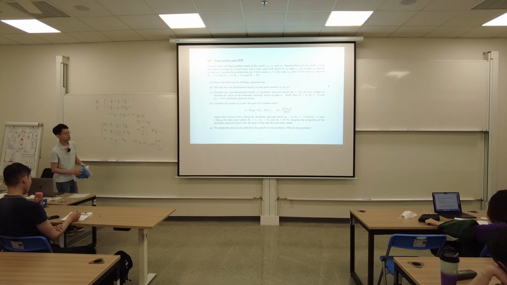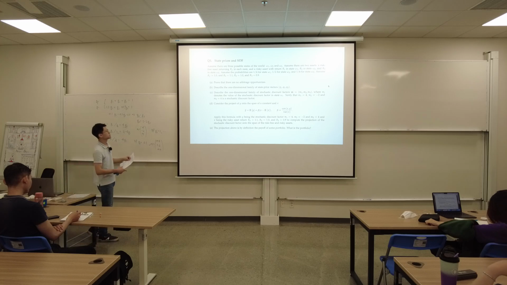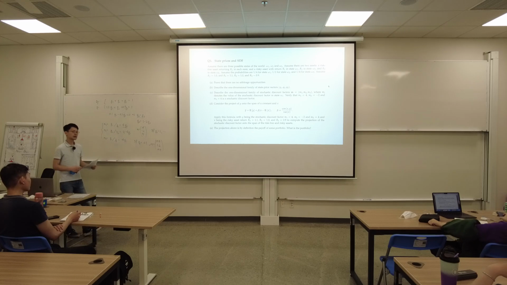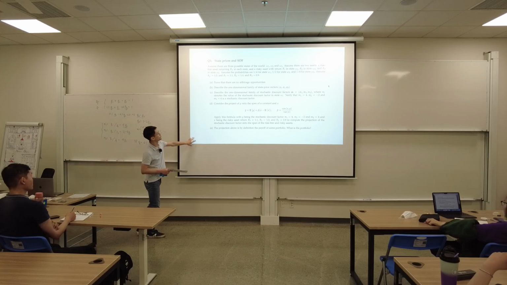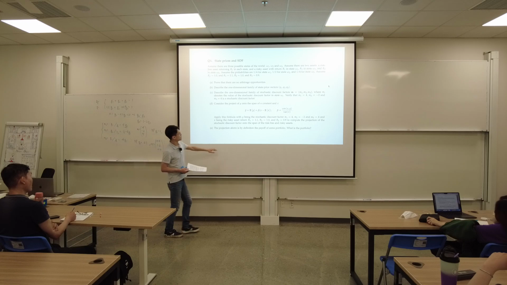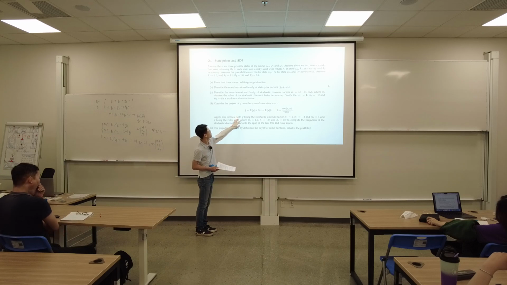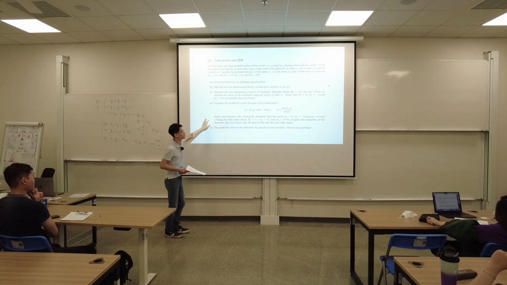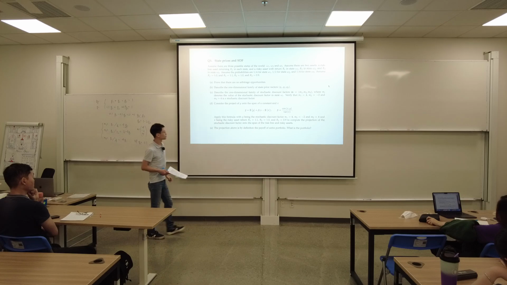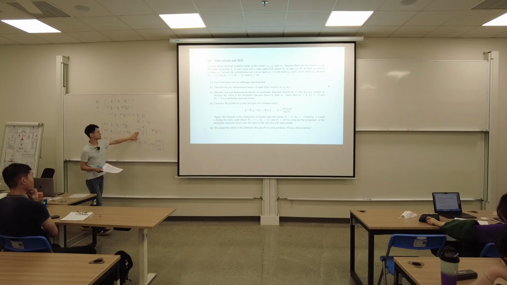Okay, so this is part C. Part D, we find another SDF. We consider the projection of y onto a constant and x, then we get this equation. This is a hint. This is just some projection, and we apply this formula with y being this SDF.